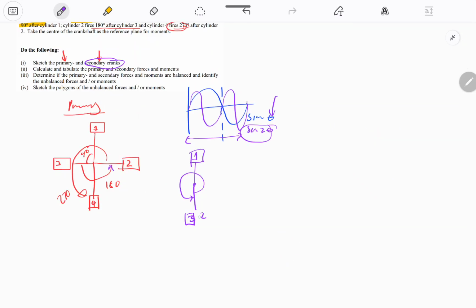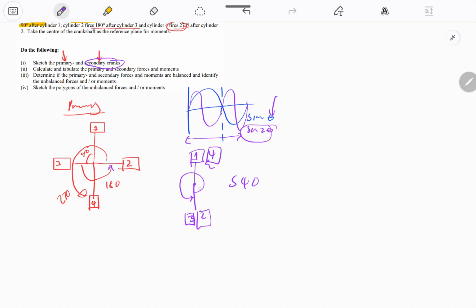Now we have a 2 here, and from 2 to 4 we have 270. If I do 270 times 2, I'm getting 540, and let me subtract 1 revolution. So it will be 1 revolution and 180. That means I got piston 4 at 540.